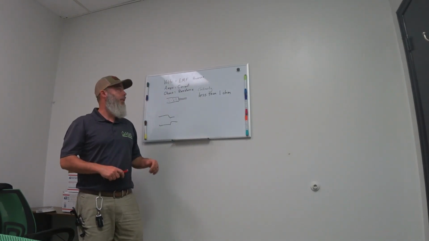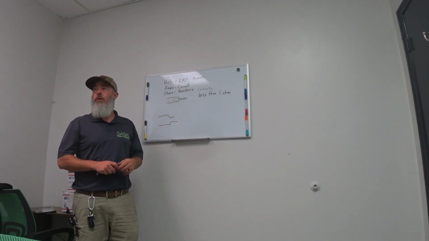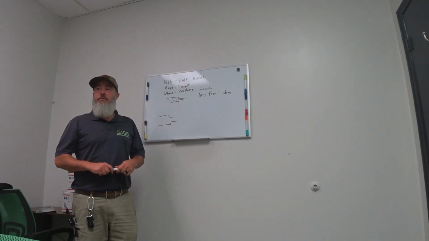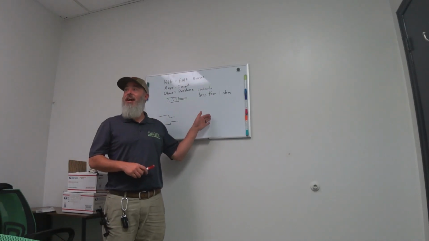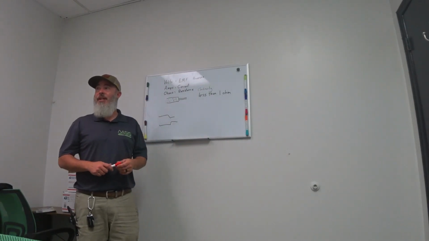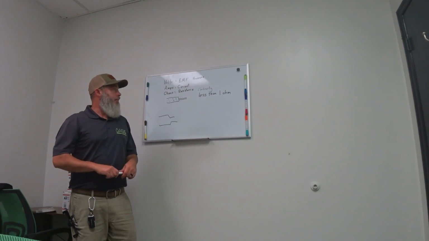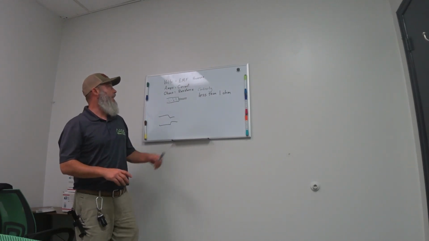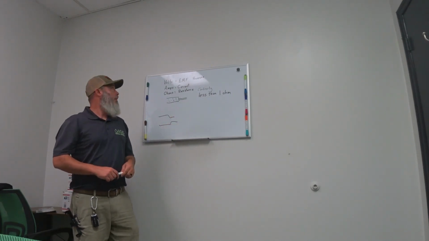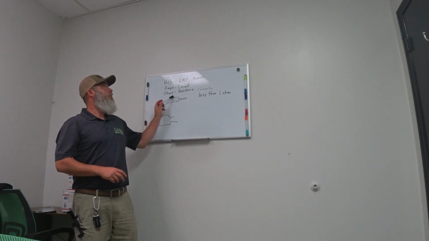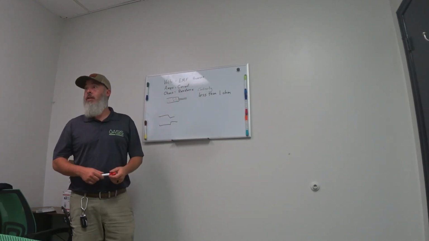You're just not really getting that signal to the board that the board can read. It can't understand it if it's not less than an ohm. So that's how we use resistance, ohms, to troubleshoot a lot.